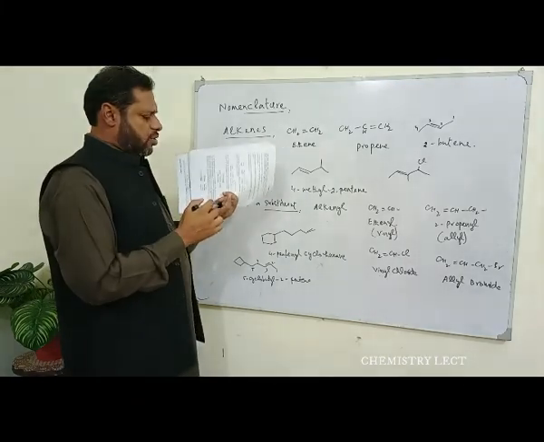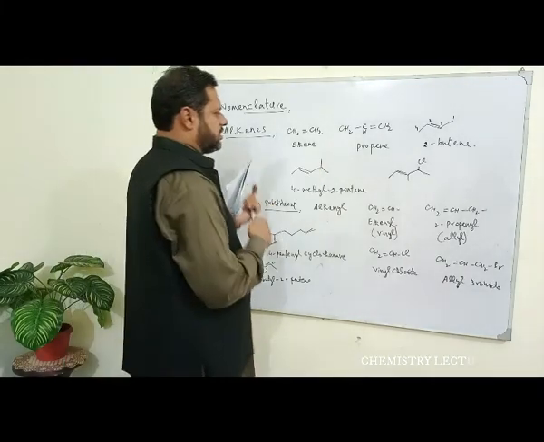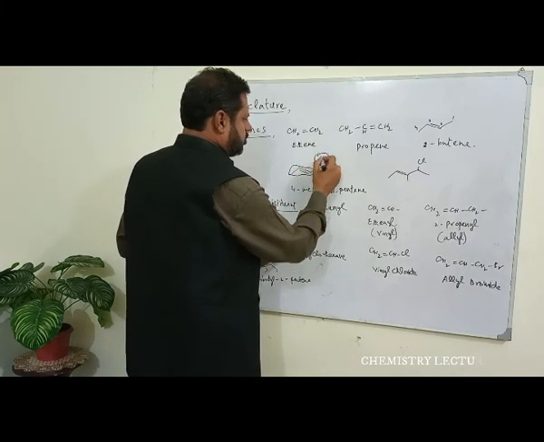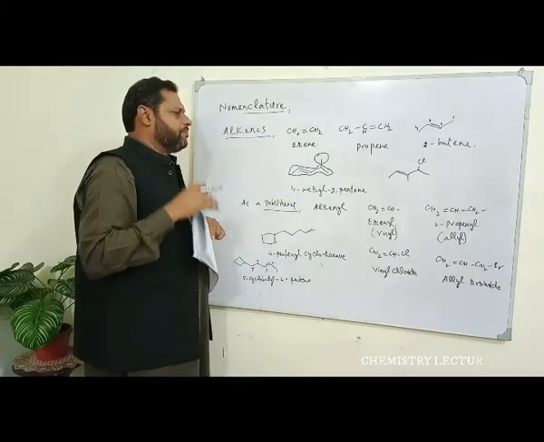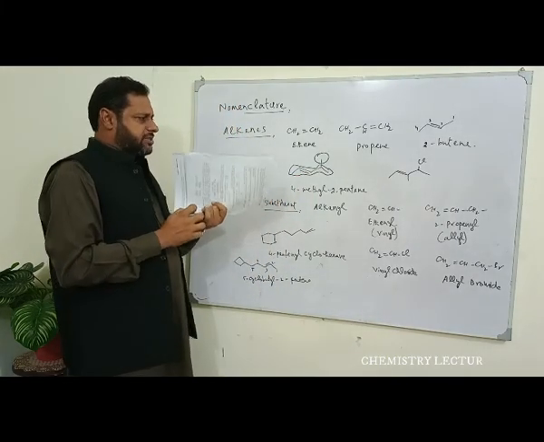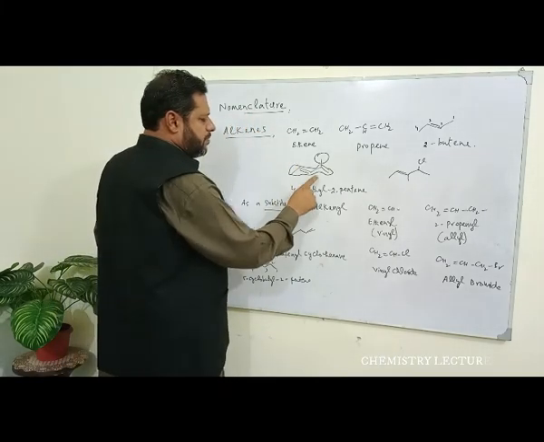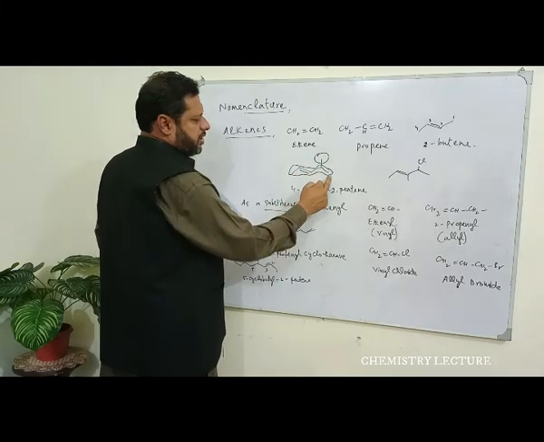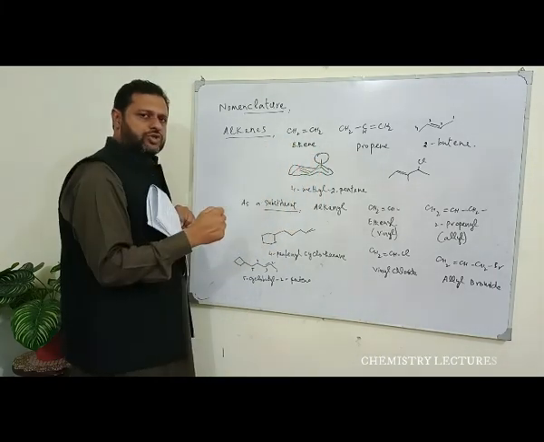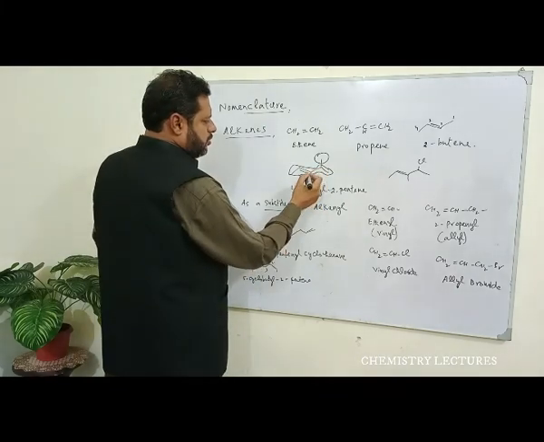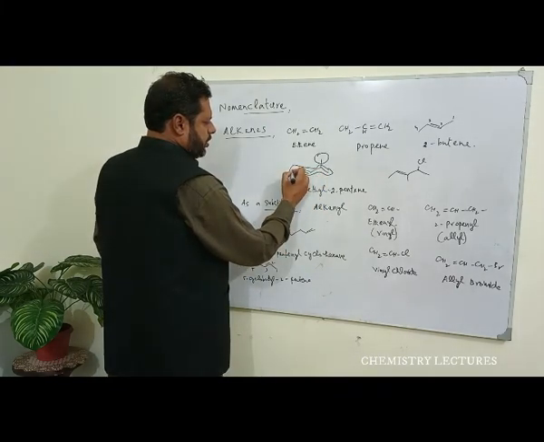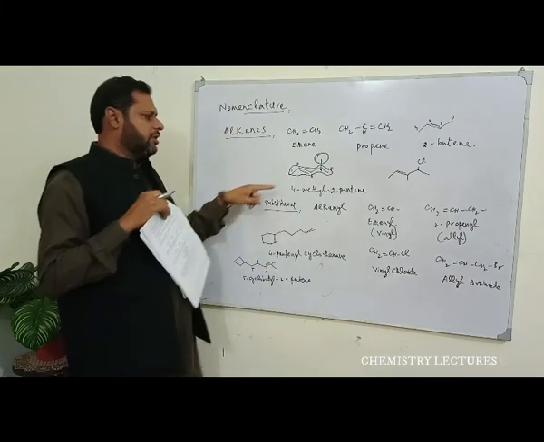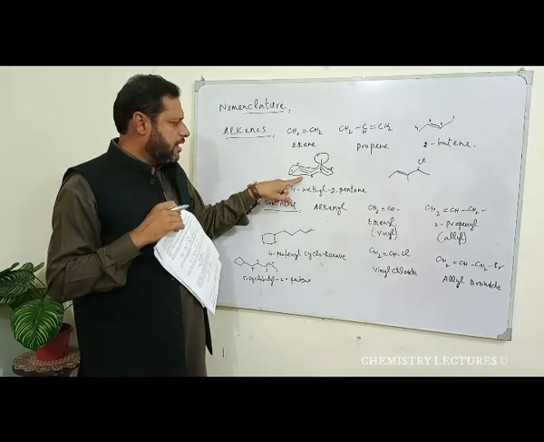Similarly, now if we have a longest chain and we have a substituent, for example, in this case, this one is the longest chain and this one is the substituent, which is a methyl group. Now we have to start numbering, but we must give the least possible number to the double bond, not to the substituent. For example, if we start numbering from here, 1, 2, the substituent will be on position 2, but then the double bond will be on position 3. So we start numbering from here, 1, 2, 3, 4, 5, so that the double bond is at the least position.